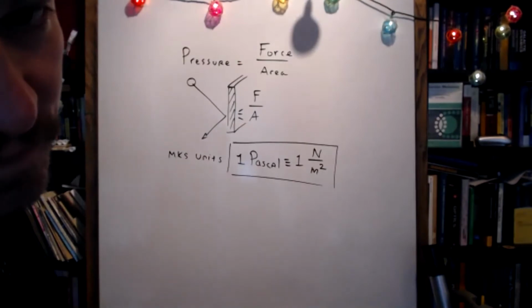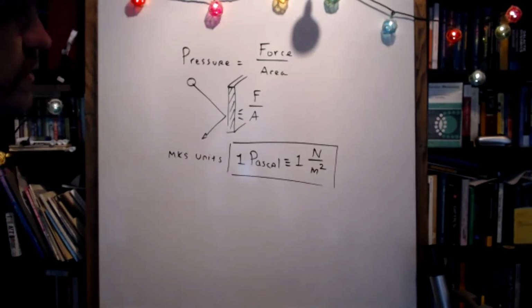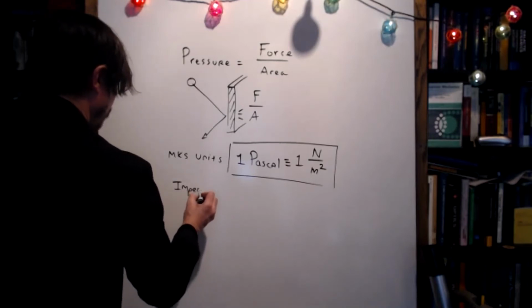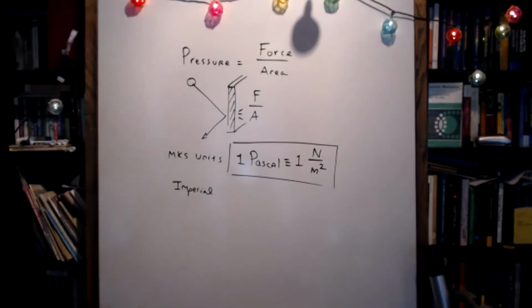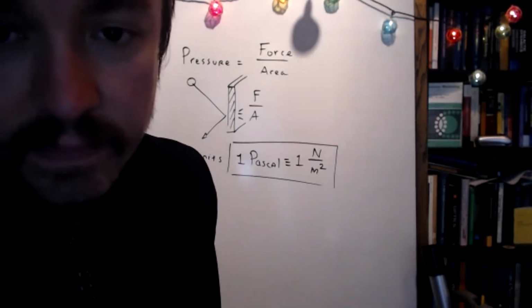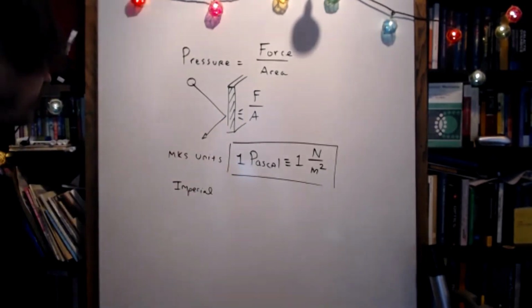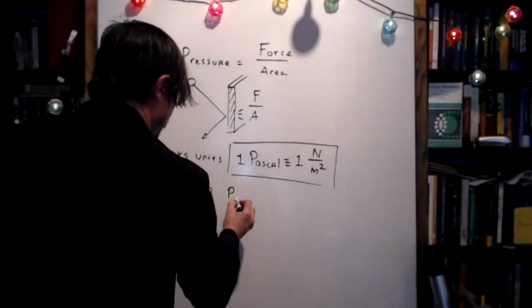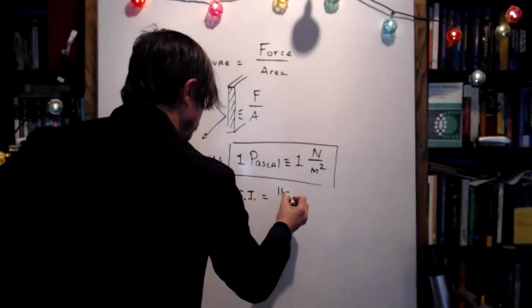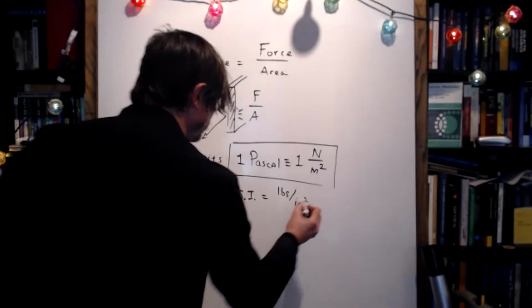There are other units of pressure that I think you should know about. Do you guys know what the imperial units of pressure are? What if you go fill up your tires at the gas station, or you pump air into your bicycle? Pounds per square inch. Right. Sometimes people write it as PSI, but it's pounds per inches squared.